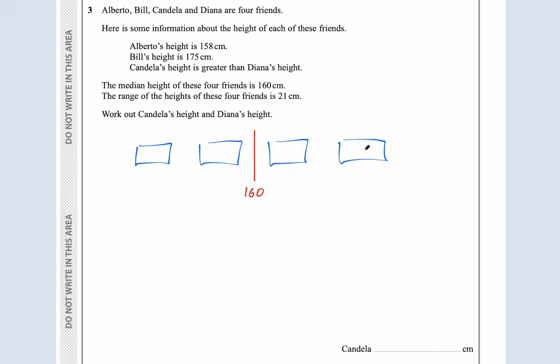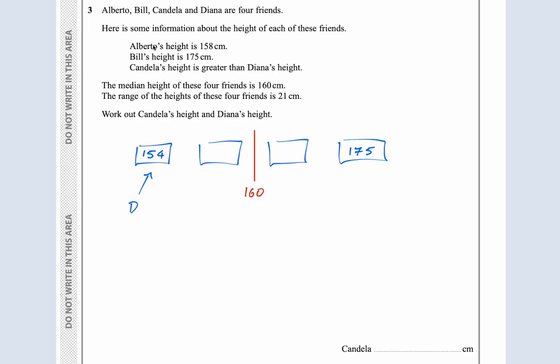We're going to put you here, 175. Now, if he's the biggest, the smallest must be this minus 21, which is 154. Because this minus 21 gives me 154. Okay, so that means this has to be Diana D, because Candela is taller than Diana. So this has to be Diana.